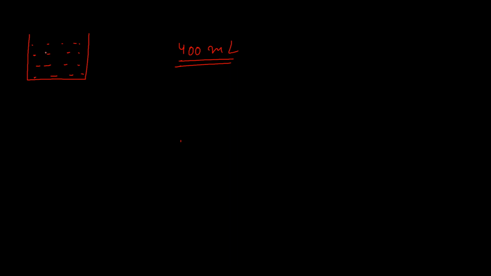So 300 will be whiskey and 100 will be water. As per the question, 3 by 4 is this and 1 by 4 is this. Now you have to make it 200 and 200.